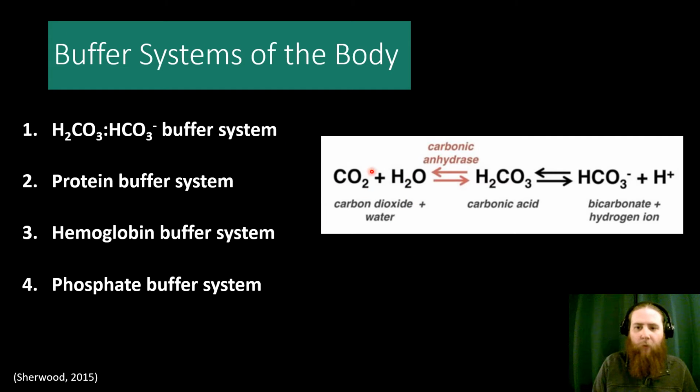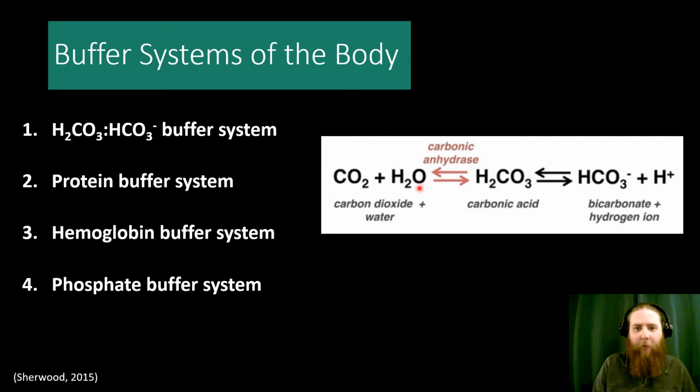As we get more hydrogen inside of the body, for whatever reason, our body is going to want to get rid of it. As the concentration of this goes up, this is going to want to move to the left. It's going to want to turn to carbonic acid, and then carbonic anhydrase can split it back into carbon dioxide and H2O.